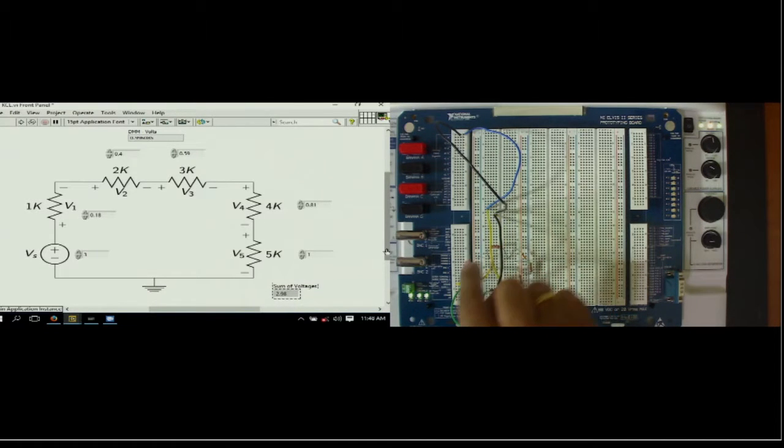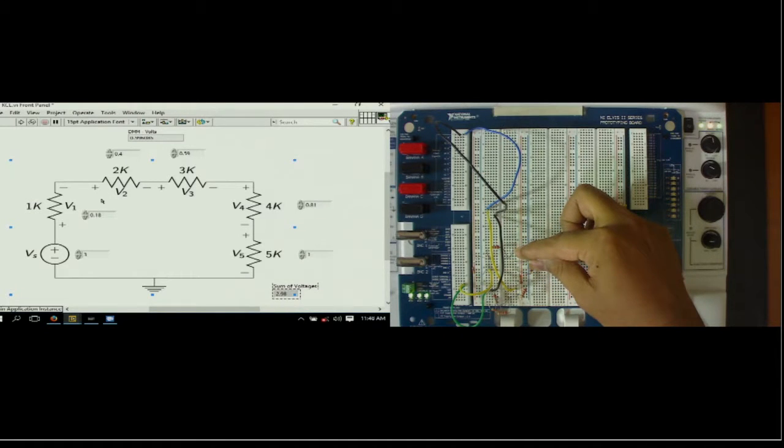Now if you observe carefully, this resistance is 1k, across which the potential drop is V1 in the circuit diagram, and the resistance here is 2 kilo ohm, across which the potential drop will be referred to as V2. These two resistances together constitute 3 kilo ohm, and across these two resistors we will find V3.